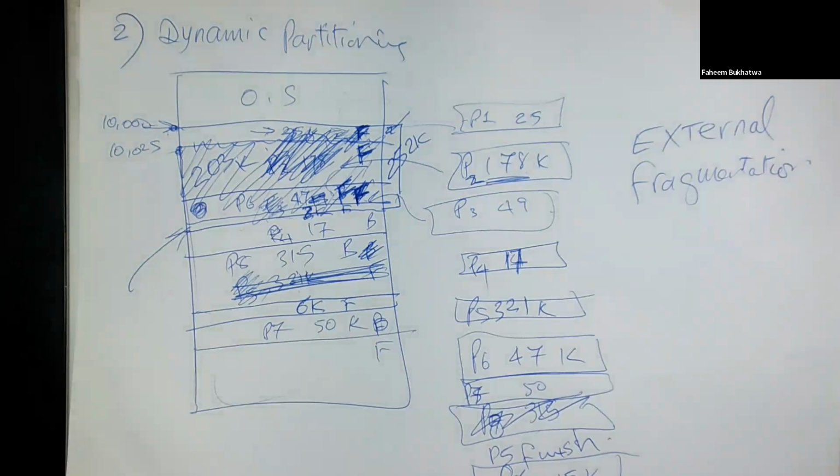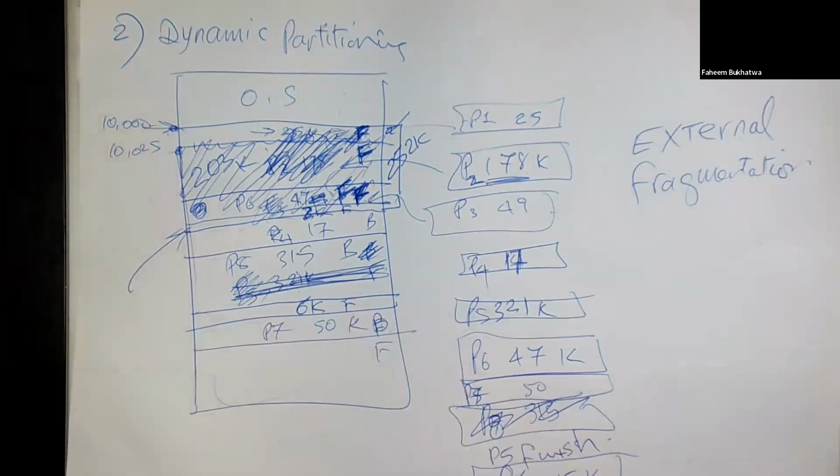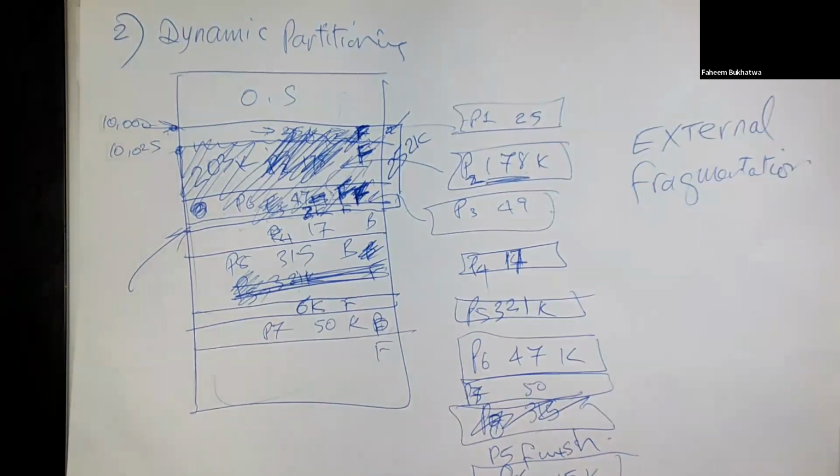Okay, so this system starts with one big free block and allocates every request exactly as much as it needs. As programs finish, they mark their space as free. And if there are two free blocks adjacent, immediately one after the other in memory, then they're joined together, and we start forming big blocks again.